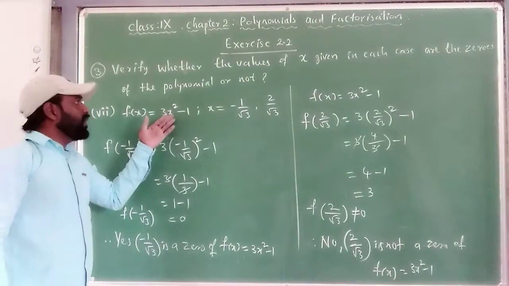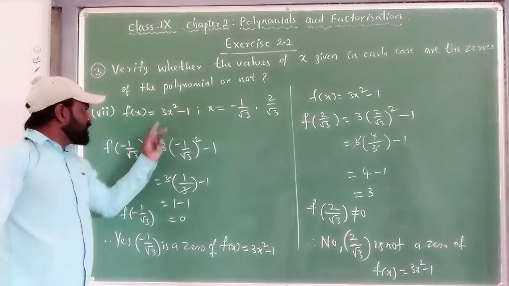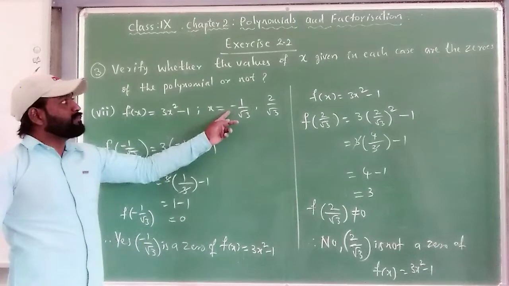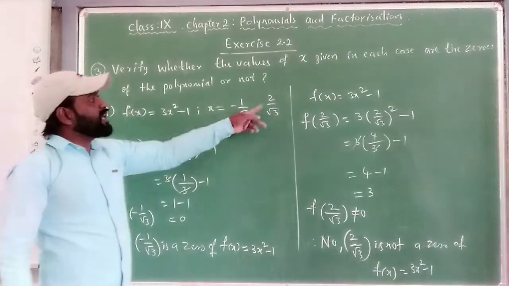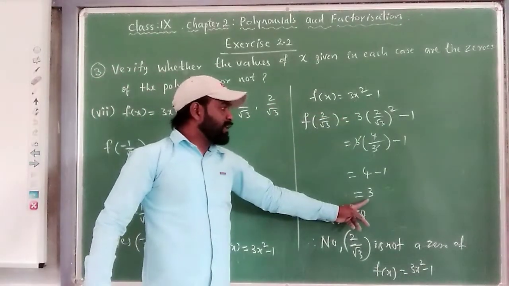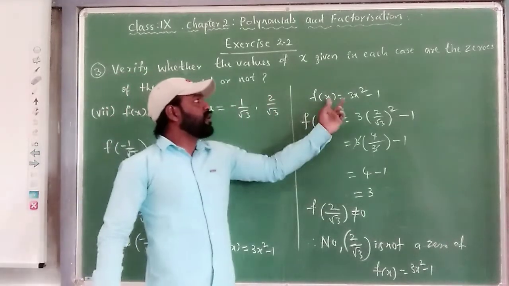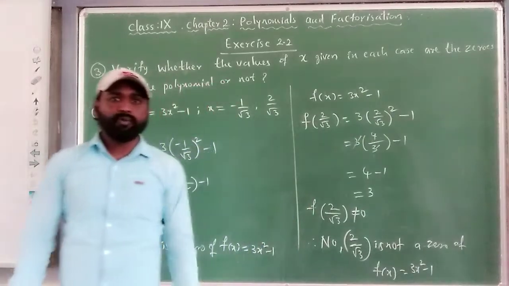For this polynomial, minus 1 by root 3 is a 0. Yes, when you substitute in place of the variable, we have the value 0. That means minus 1 by root 3 is a 0 of this polynomial. Whereas for 2 by root 3, when you substitute in the place of x, you get the value 3, which is not equal to 0. That means 2 by root 3 is not a 0 of the polynomial f of x is equal to 3x square minus 1. Hope you all understood.